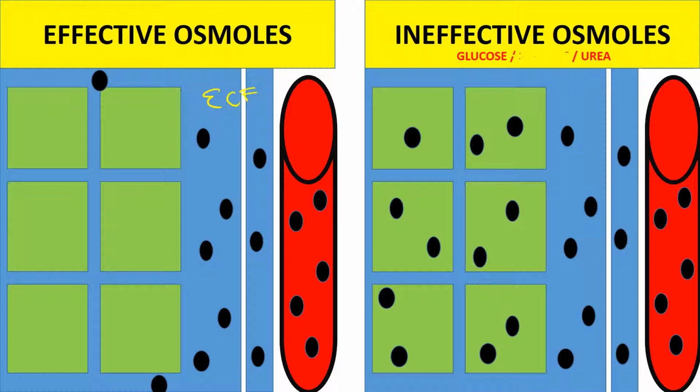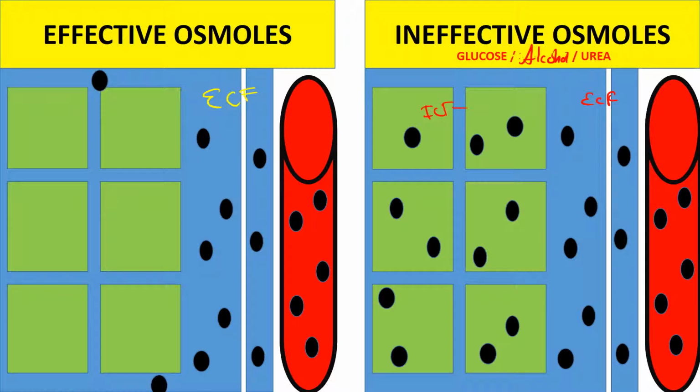Whereas the ineffective osmoles, the substances like glucose, urea, and alcohol, these are the substances which are called ineffective osmoles. These will distribute themselves in the intracellular fluid as well as the extracellular fluid. So if we give these substances, it doesn't cause any change in the fluid level between the intracellular and extracellular fluid.